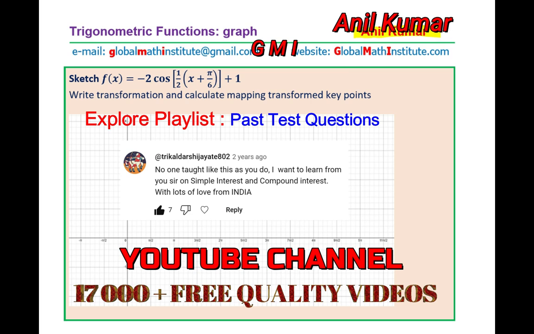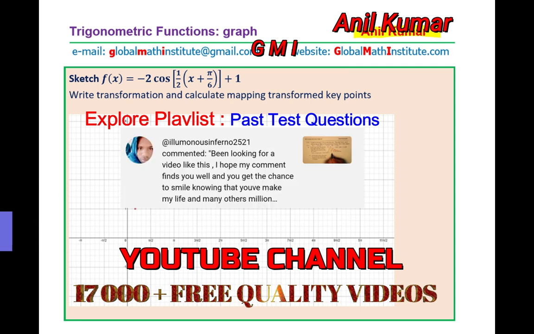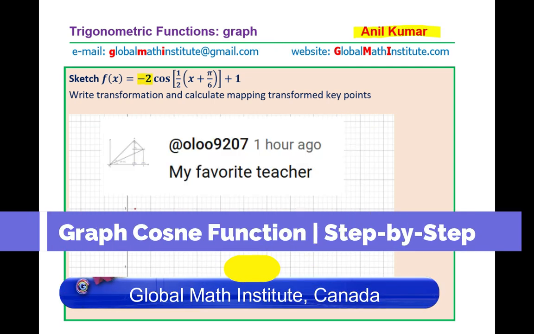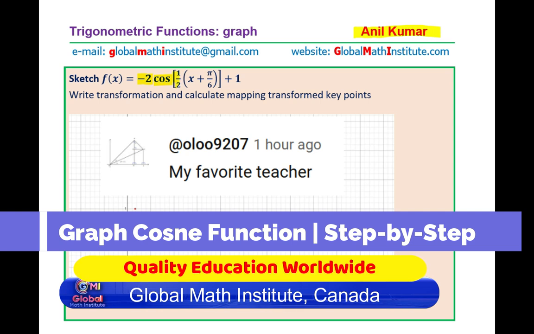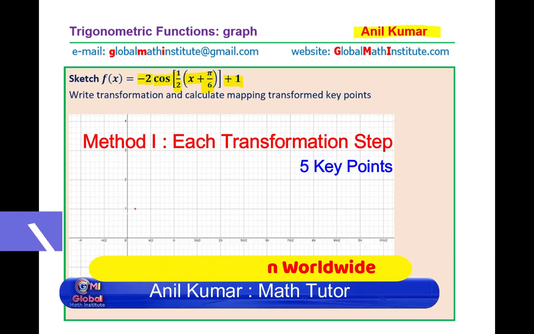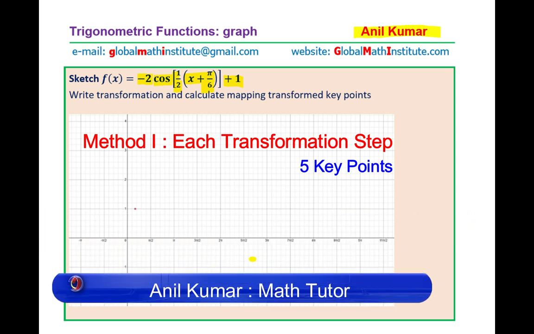In this particular video, we'll discuss how do we sketch graph of a trigonometric function which is minus 2 cos of half x plus pi by 6 plus 1. I'm going to share with you two different methods of sketching this graph.